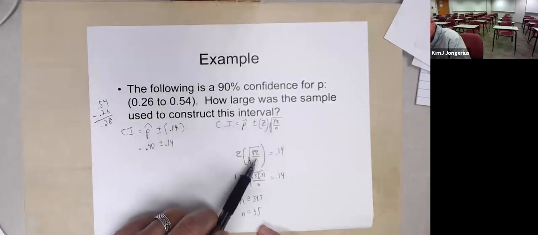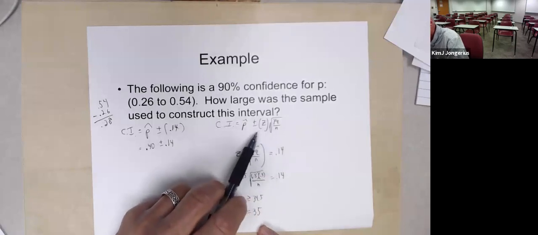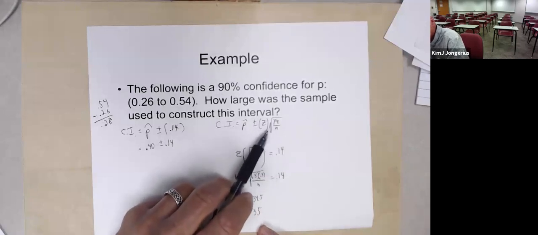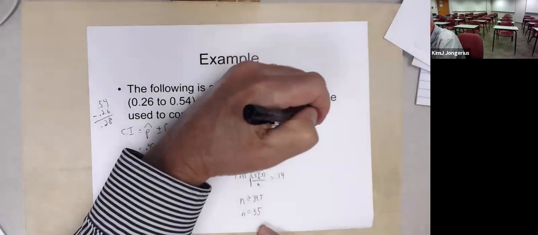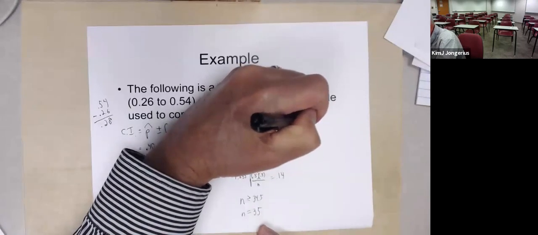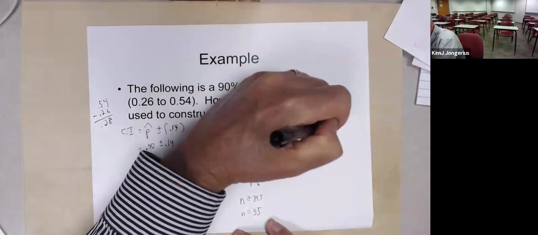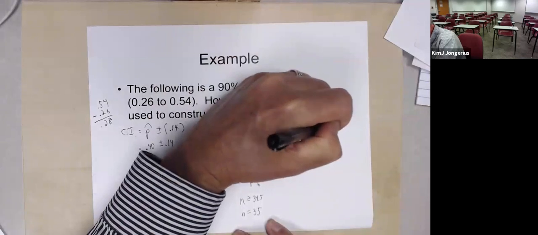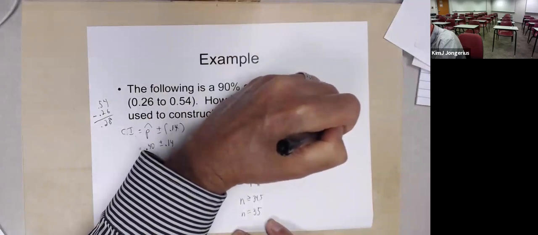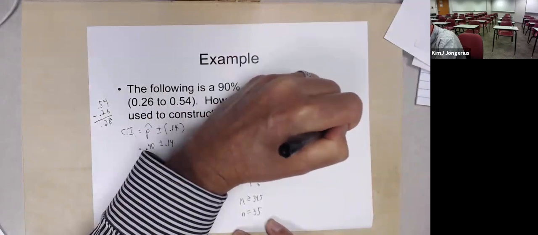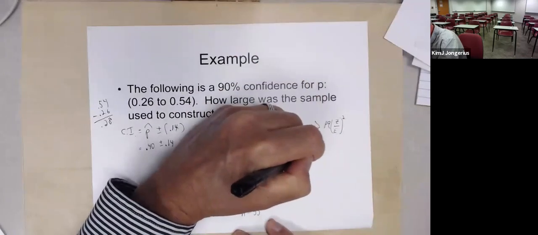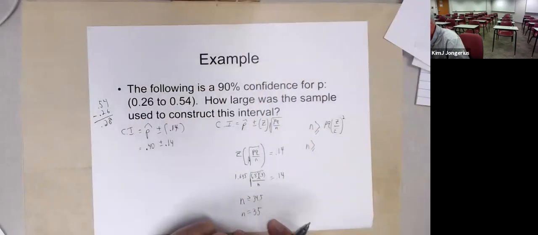This particular time, I took this from your confidence interval formula. I could have also used the previous formula that we had for N, which you remember, N had to be greater than or equal to PQ times Z over E quantity squared. I would have gotten the same answer.